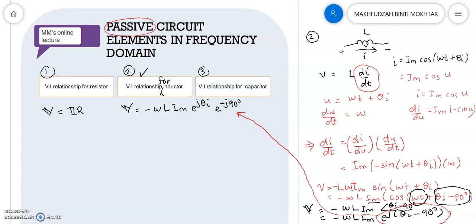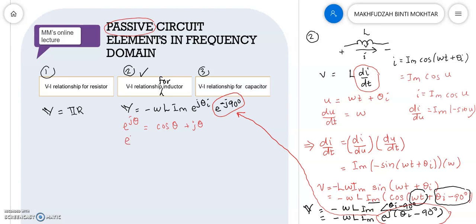Now, when you have this type of equation, how are you going to solve the exponent negative j 90 degree? For solving this one, we need to know about the Euler formula, where exponent j theta equals cos theta plus j sine theta.